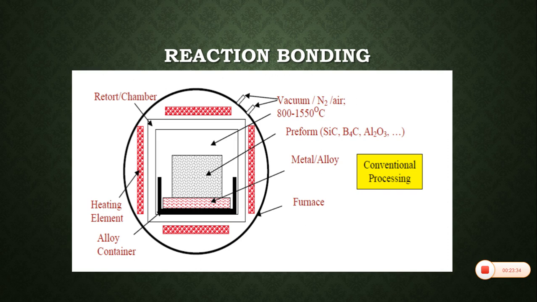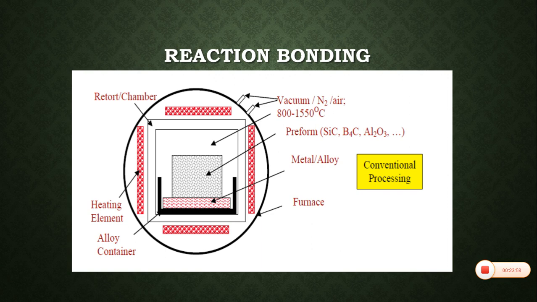The whole process is carried out in a flowing nitrogen gas atmosphere. In this case, the process temperature is about 800 centigrade. All the process is performed under controlled conditions inside the chamber.